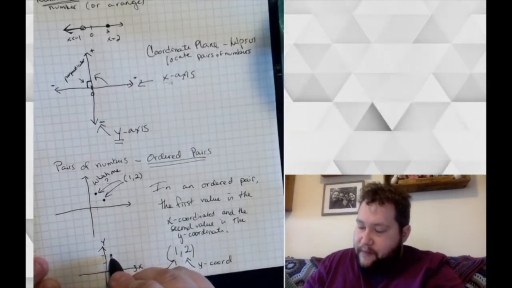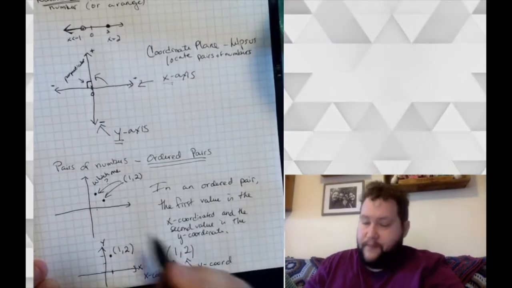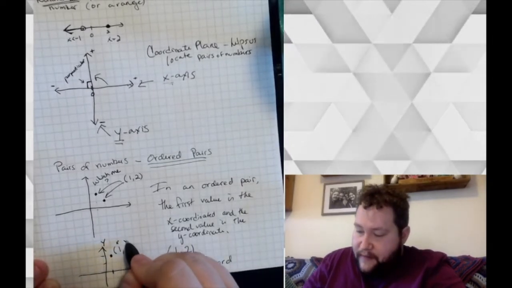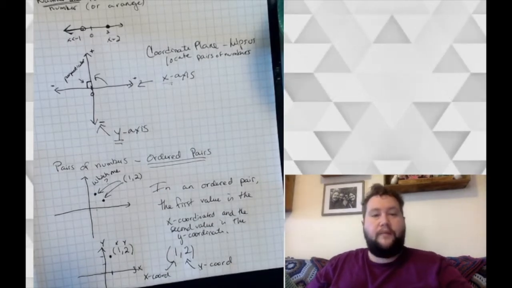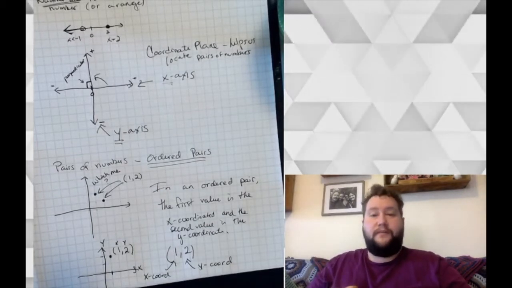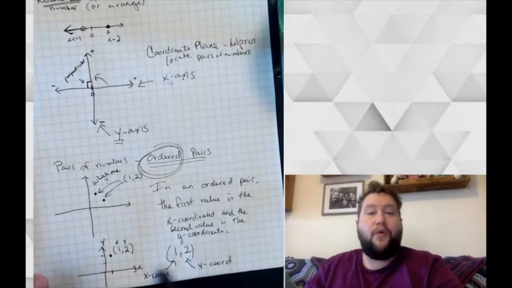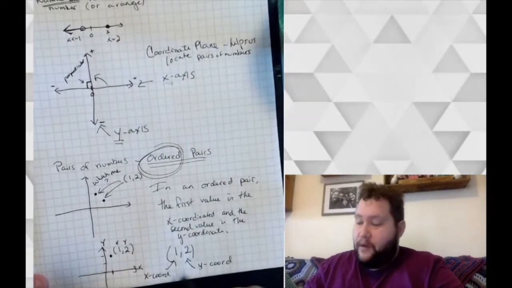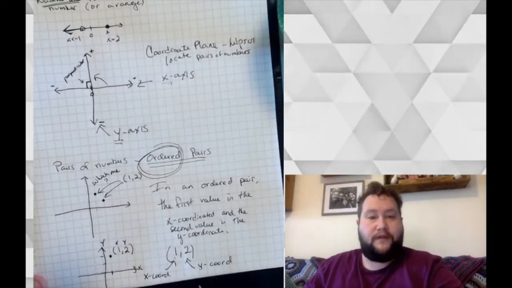We know that this point corresponds to 1, 2, because we have the x and y. And by convention, that's why it's called an ordered pair, because we have an agreed upon order of these terms. We always put the x-coordinate first, and the y-coordinate second.